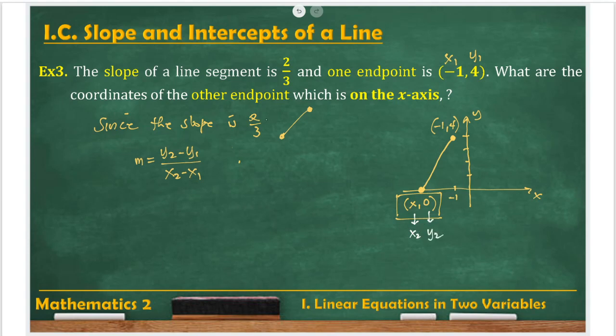And since the slope is 2/3, we can substitute the values.